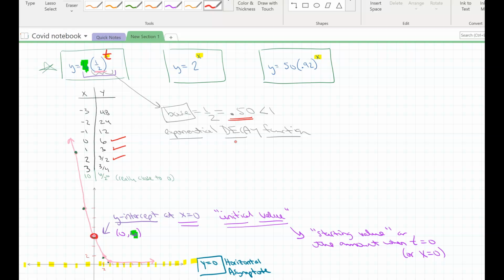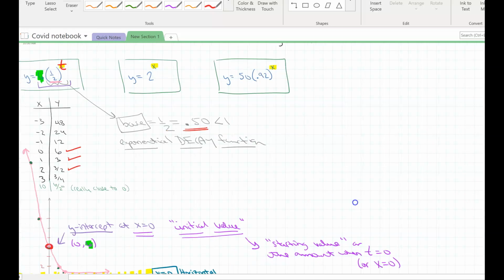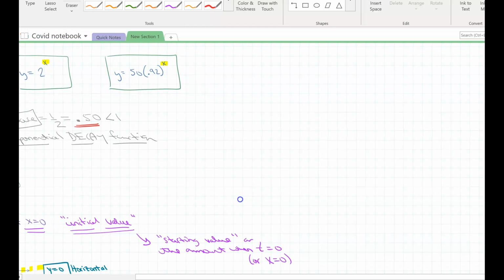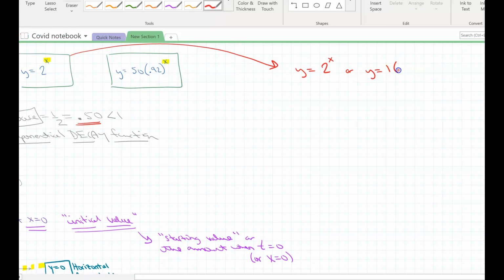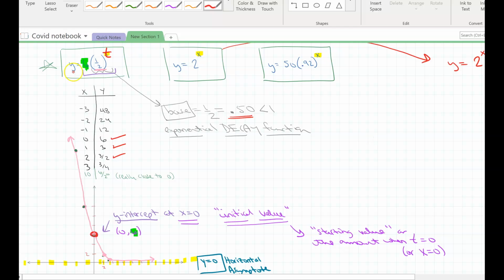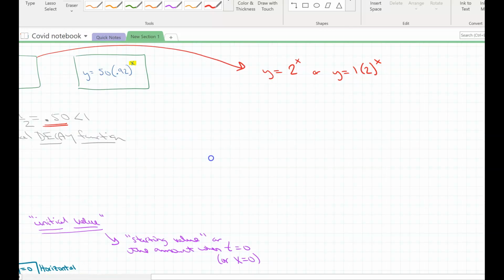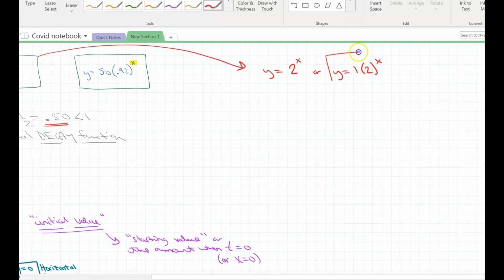All right, let's take a look at the second function, y equals 2 to the x. I'm going to move over here, and I maybe am noticing something. I wrote this as y equals 2 to the x, but I could have written it as y equals 1 times 2 to the x, if you want it written in the form we had before.